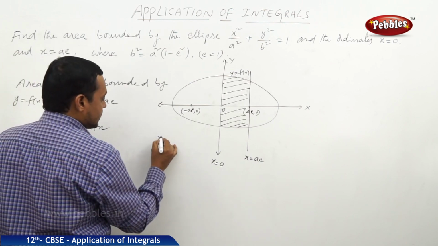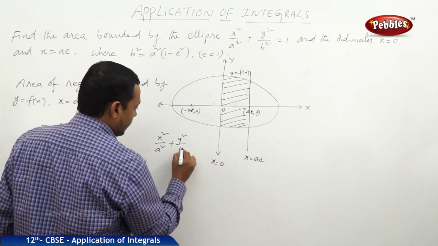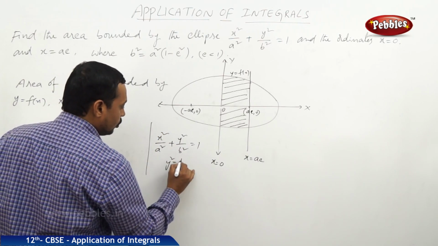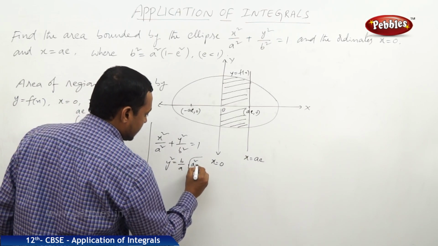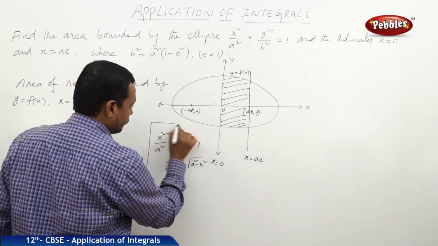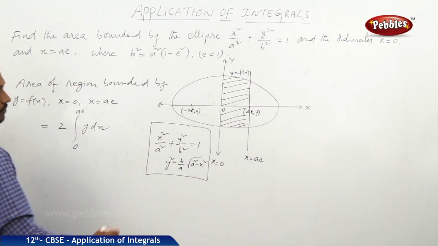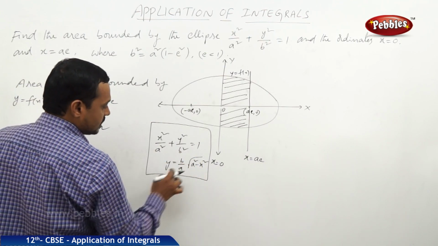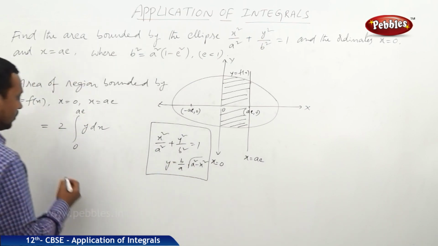Now, since x square by a square plus y square by b square is equal to 1, from this y square is equal to b square by a square into a square minus x square. So from the ellipse equation we can define y is equal to b by a into root of a square minus x square, in y = f(x) form.